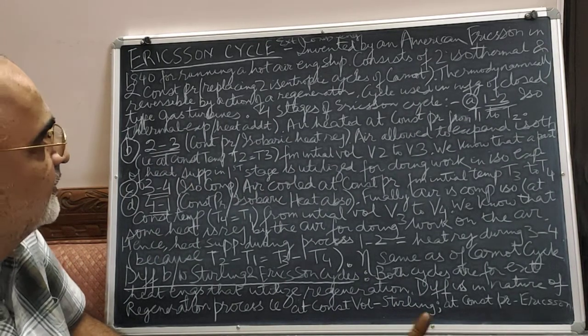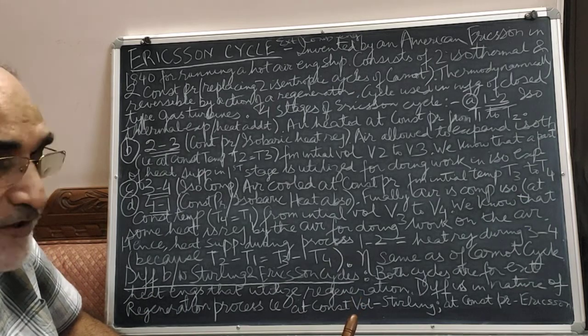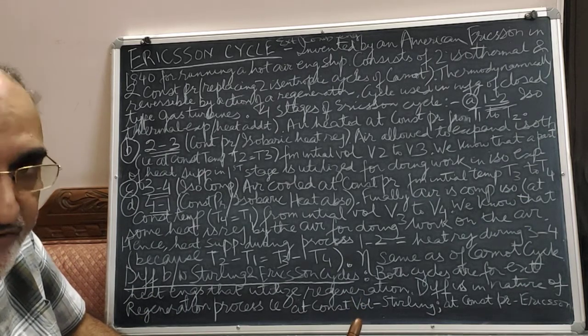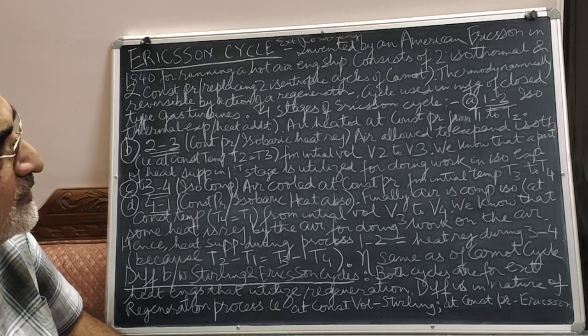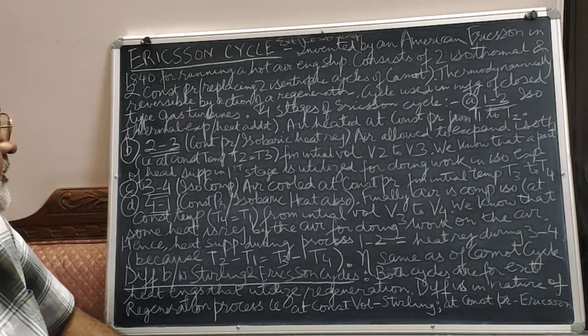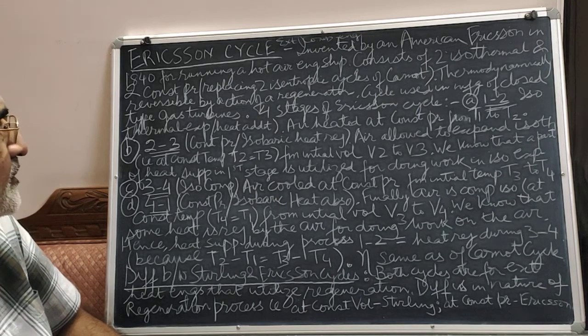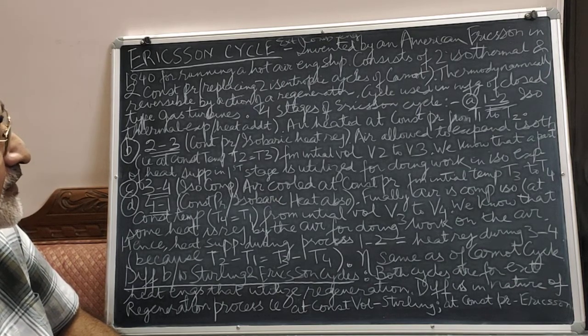The Ericsson cycle is also an external combustion engine. It was invented by an American named Ericsson in the year 1840 for running a hot air engine ship.